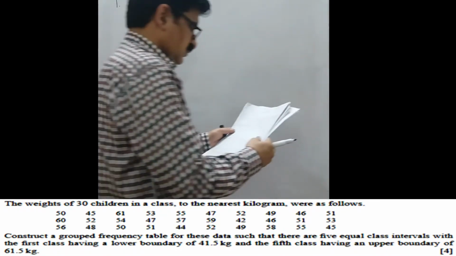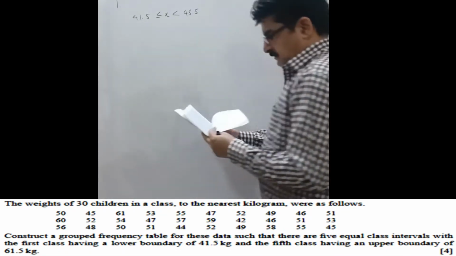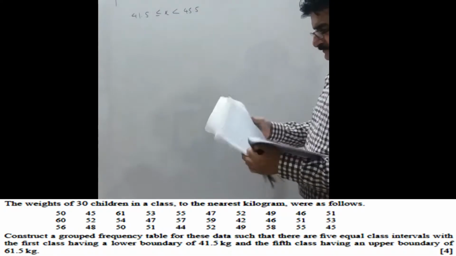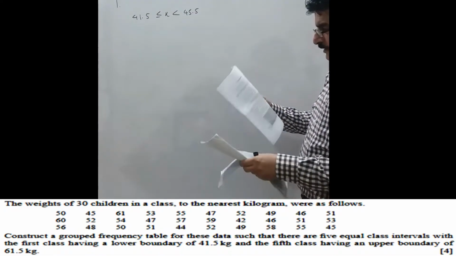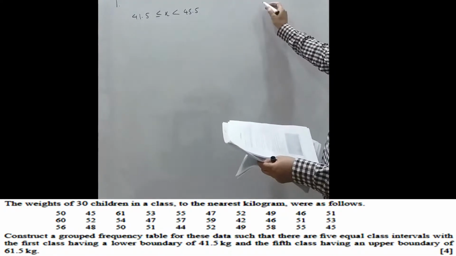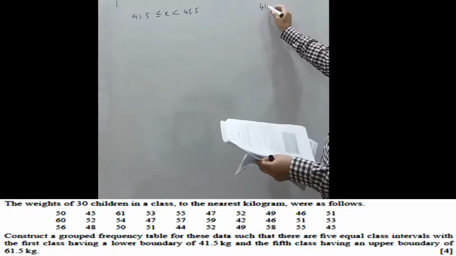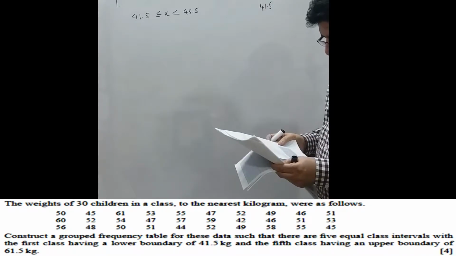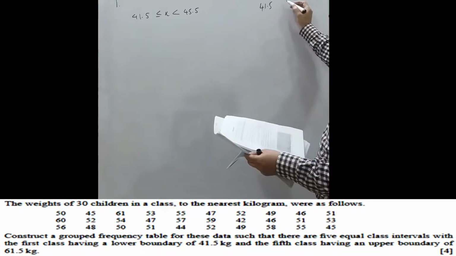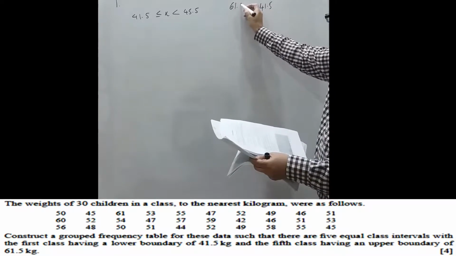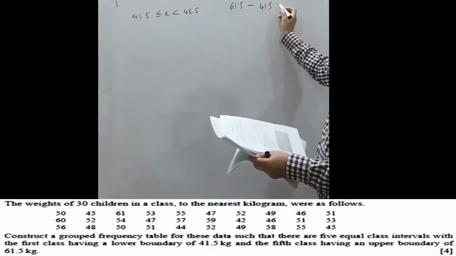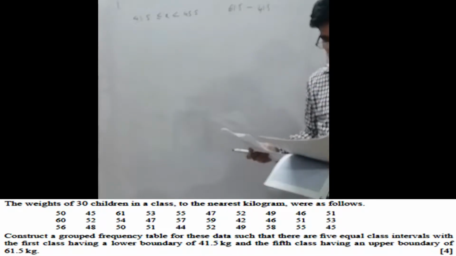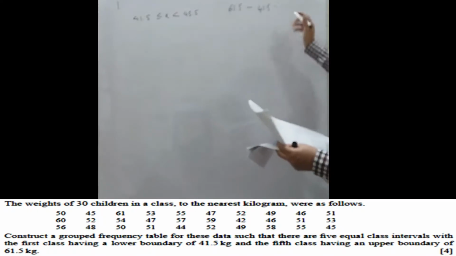Before this we can also see that you are starting from 41.5 and ending at 61.5. So if we subtract these two values, then you will get 20.